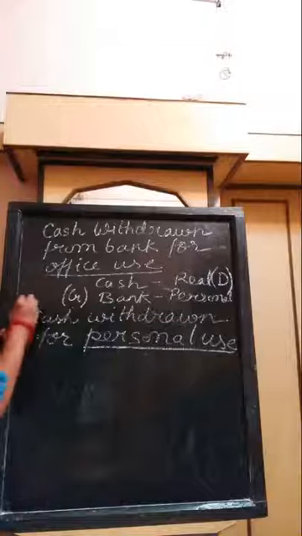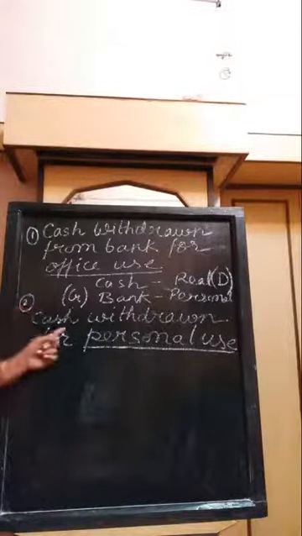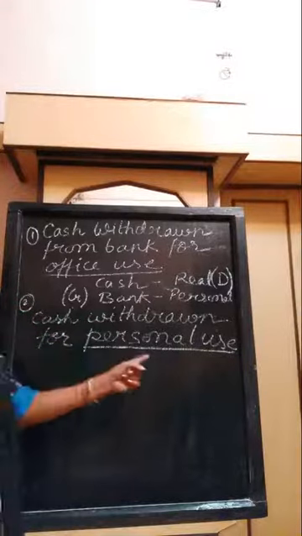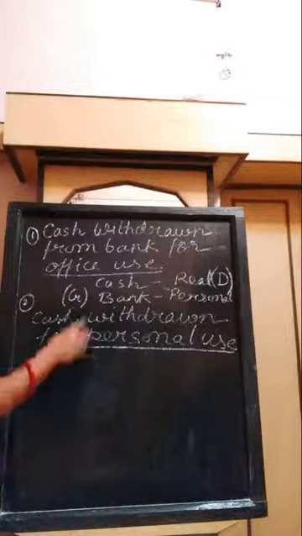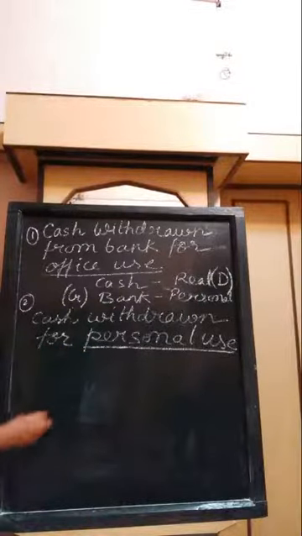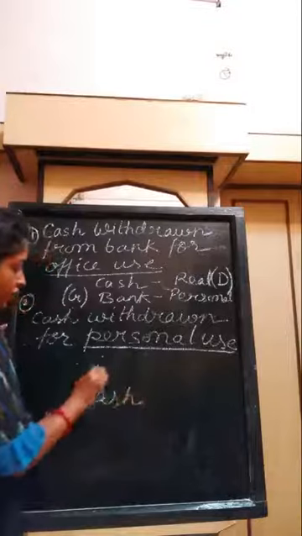Coming to the second transaction, that is cash withdrawn for personal use. For personal use, cash is withdrawn. So what will be the two accounts involved in this transaction? Cash is withdrawn, so cash will be there, and drawings.